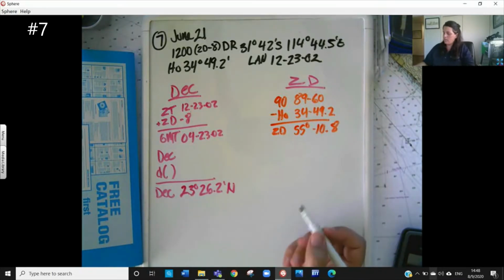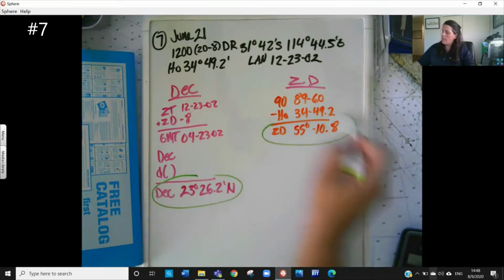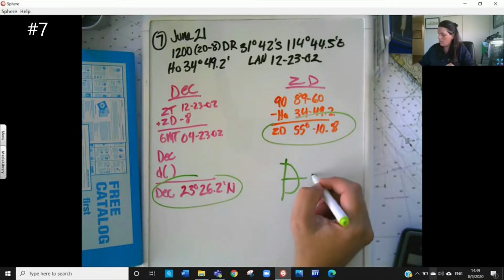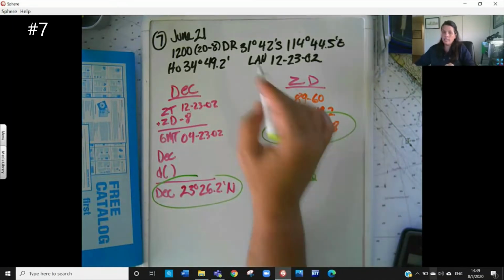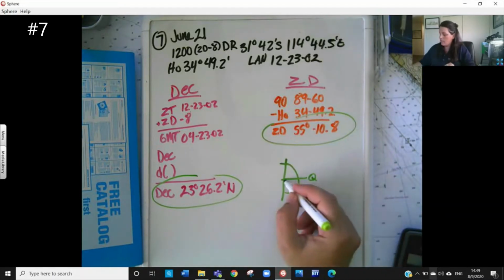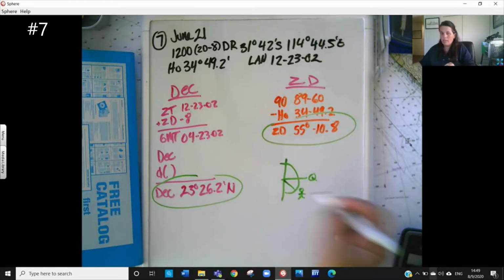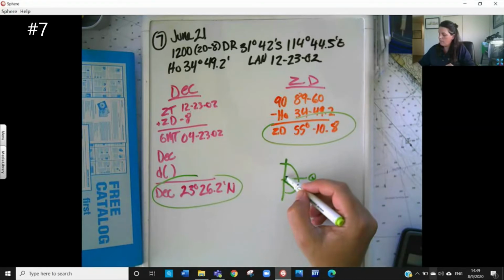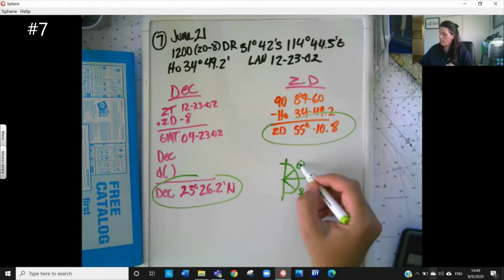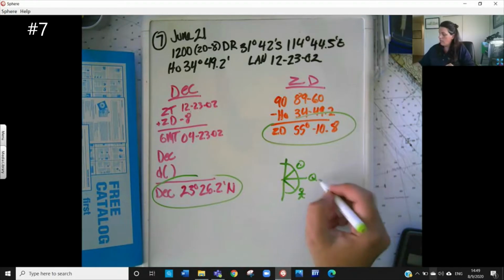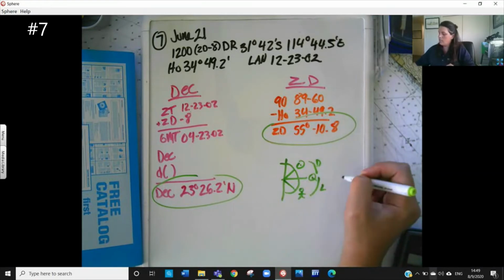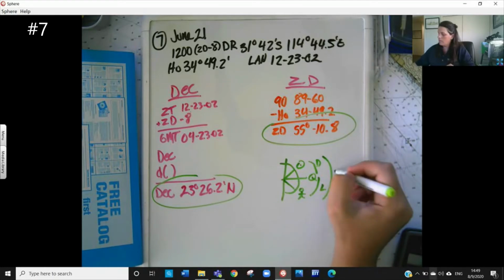Now the next step, because we have our two items, is to figure out if we are adding or subtracting. There's the equator. My DR says I'm in the southern hemisphere, so I know I'm somewhere down here. The sun is almost at its peak up there in the northern hemisphere. From the equator to me is going to be my latitude. From the equator to the body is declination. From the body to me is going to be zenith distance.